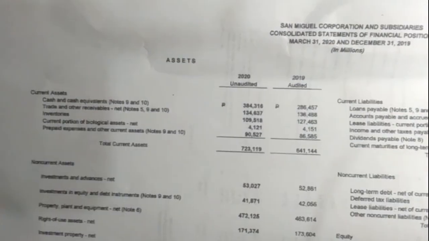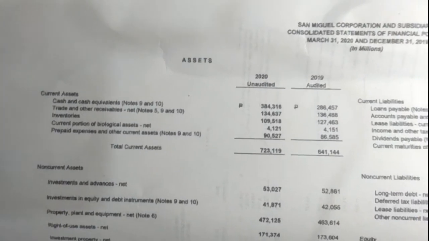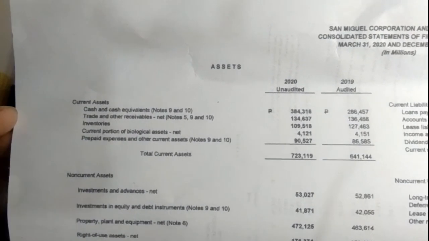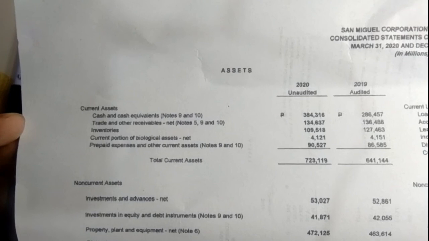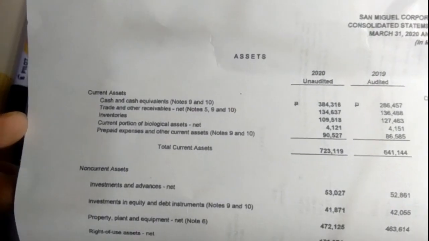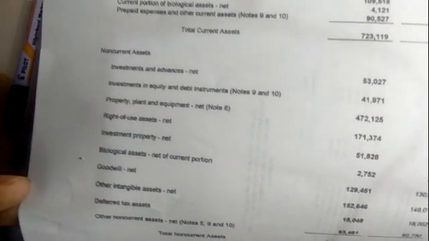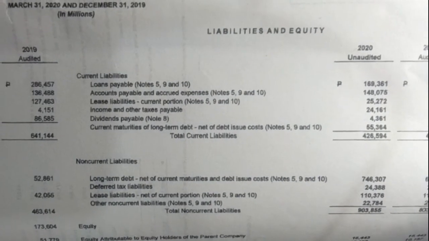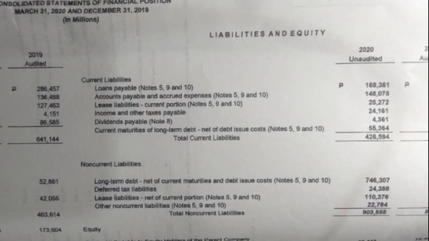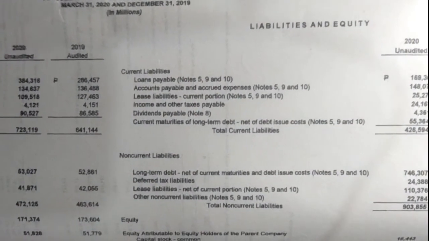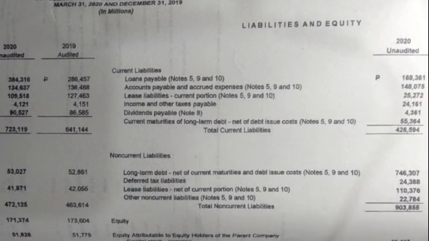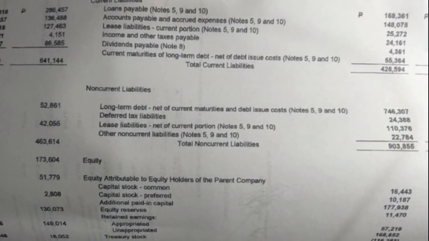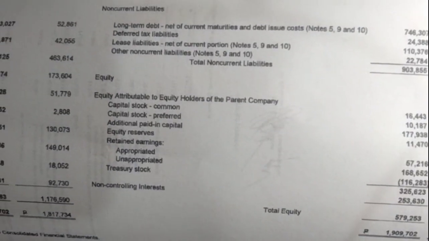So, makikita natin sa statement of financial position or balance sheet ni San Miguel Corporation, meron siyang current assets, meron siyang non-current assets, sa right side naman nakikita mo yung liabilities and equity. So, meron siyang current liabilities, meron siyang non-current liabilities, at dito nakapresent yung equity.